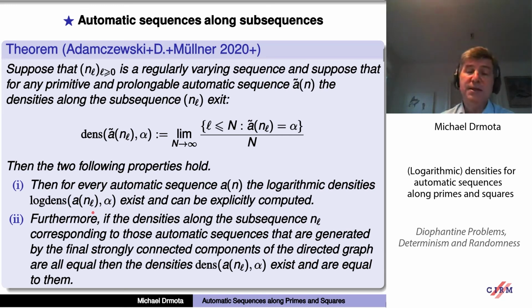So this means that we can trace everything back to primitive and prolongable automatic sequences.